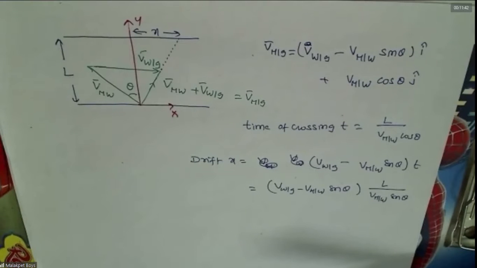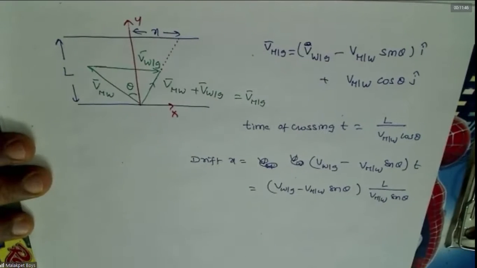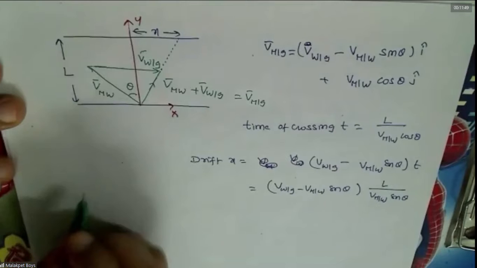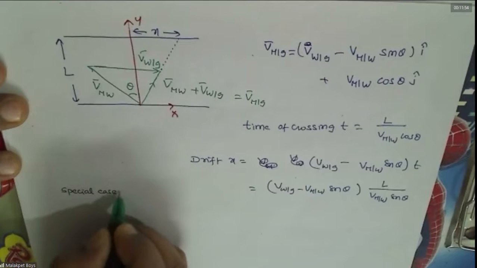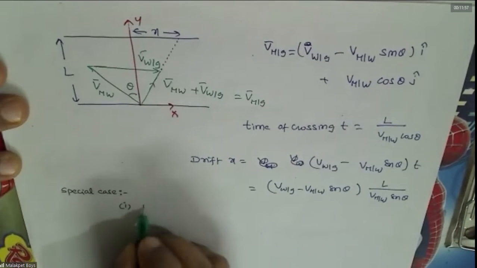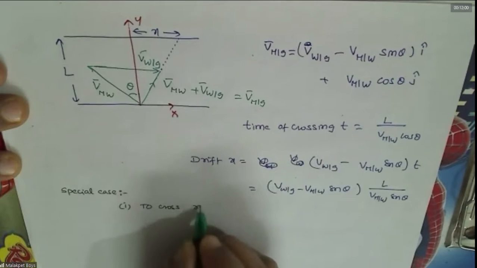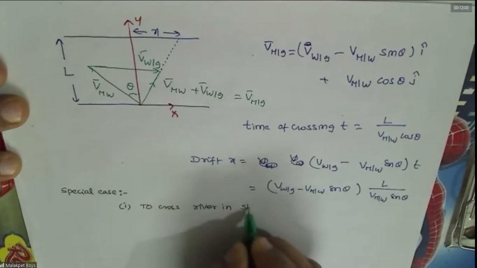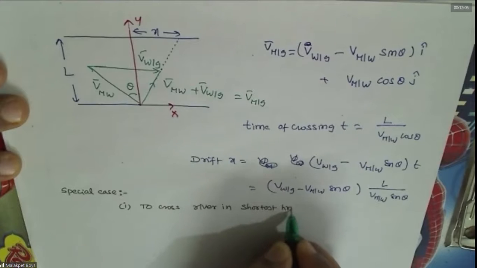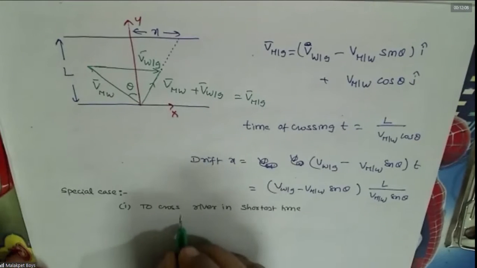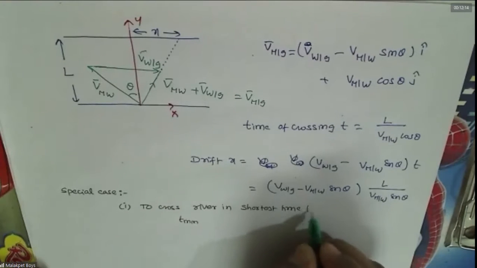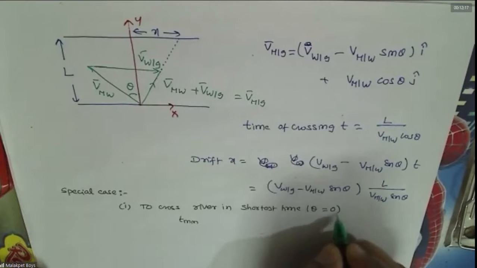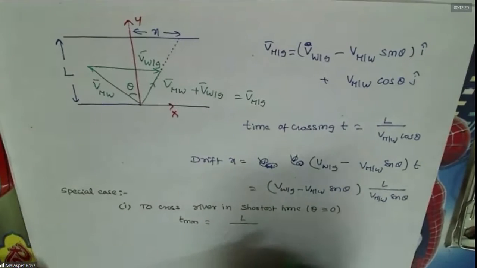Now let us come back to this. After that, we have discussed some special cases. One is the general time and distance. One is to cross the river in shortest time, that means T min. In that case, theta should be equal to 0. Remember this or not?